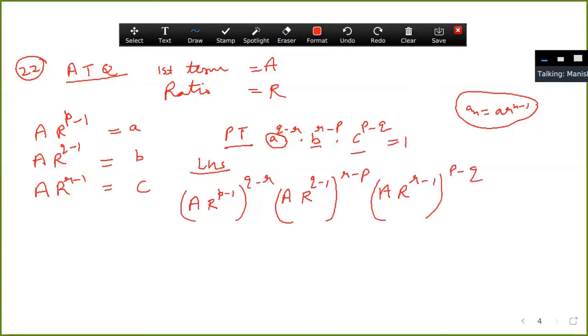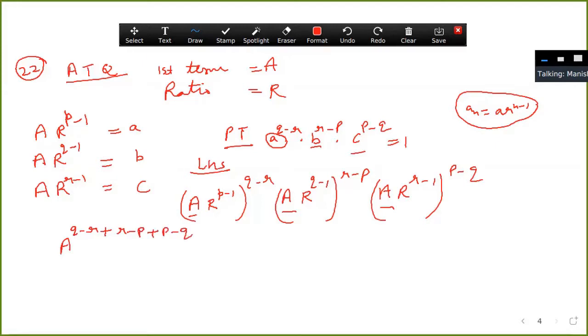Now you can simplify it. How can you simplify it? All are in multiplication. When all bases are the same, the powers will be added. Then A to the power what? q minus r plus r minus p plus p minus q.